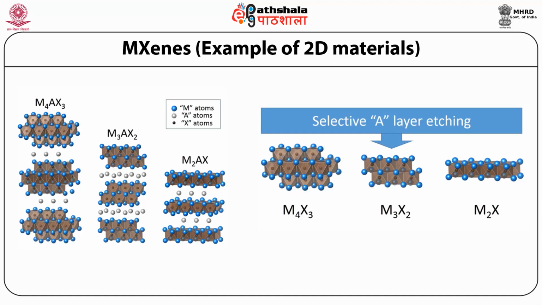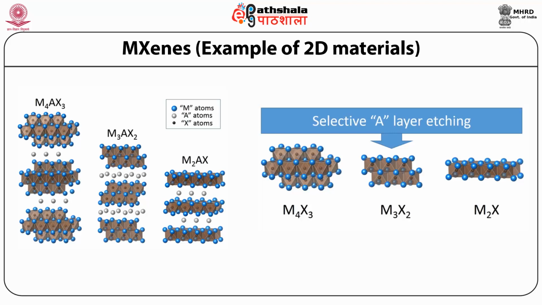The naming convention Mn+1XnTx can be used, where T is a functional group, for example oxygen, fluorine, or hydroxyl group. MXenes adopt three structures as inherited from the parent MAX phase, for example M2C, M3C2 and M4C3.